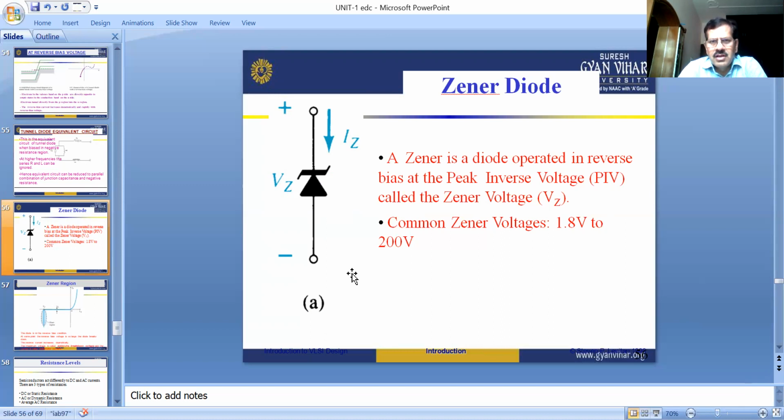We know that the simple PN junction operates in forward bias condition, while the Zener diode operates in reverse bias condition. At that peak inverse voltage PIV, the voltage is called the Zener voltage, VZ. The common Zener voltage is 1.8 volt to 200 volt. This is the common Zener voltage, which is used to control the device.